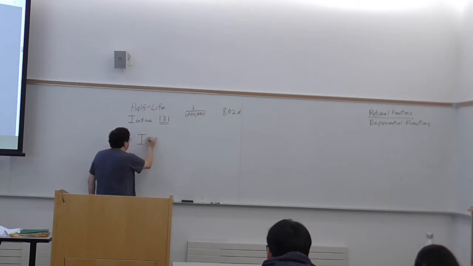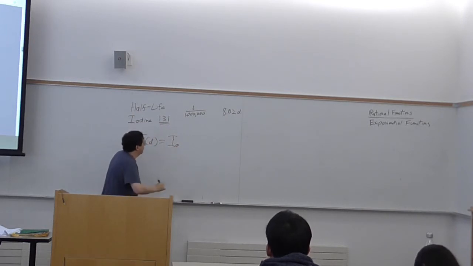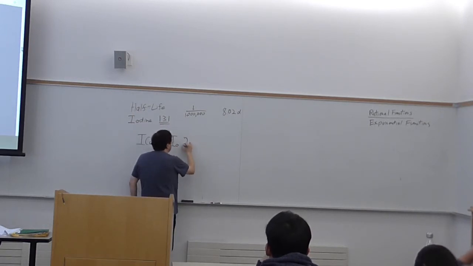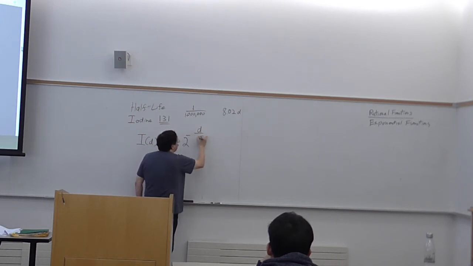So the amount of iodine I'll have after so many days will depend on how much I start with. And then it'll be 2 to the minus half-lives. What's a half-life? It's the number of days divided by 8.02.